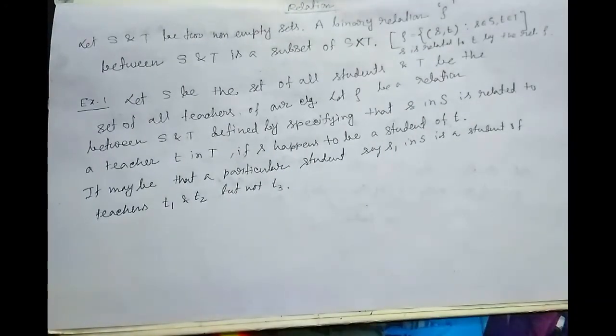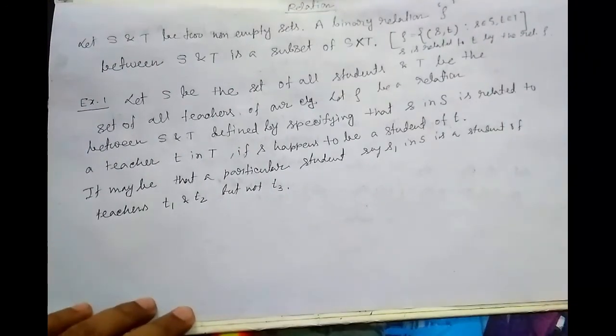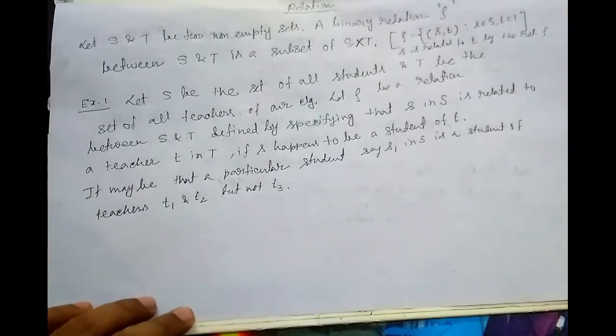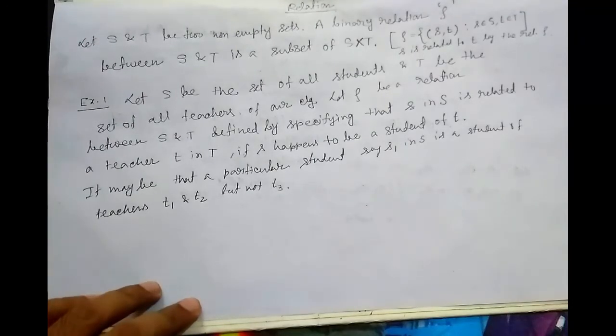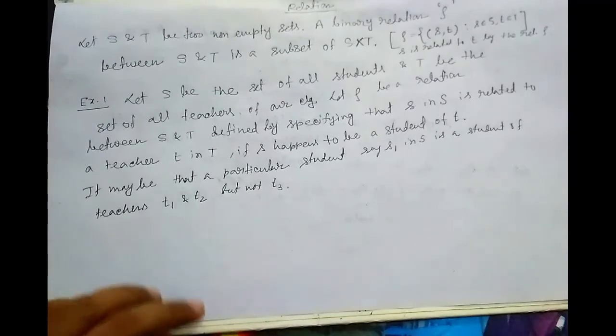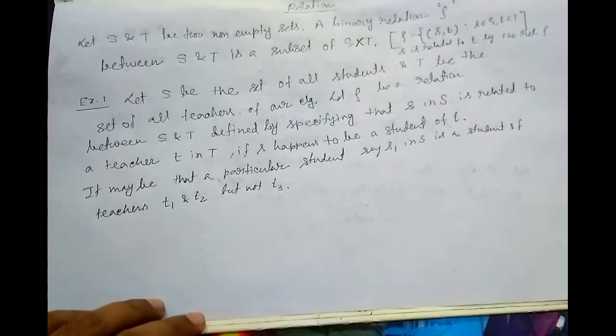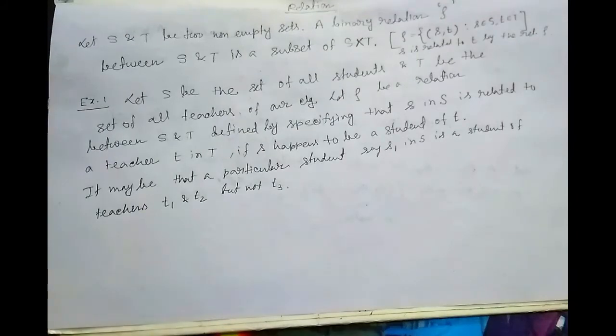See, we are considering that a particular student s1 in S, set of students, is student of teachers t1 and t2, but not t3. That means s1 is a student of t1 and t2, okay, but he or she is not student of t3.